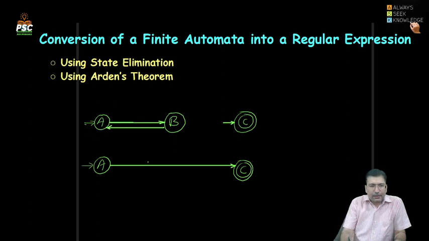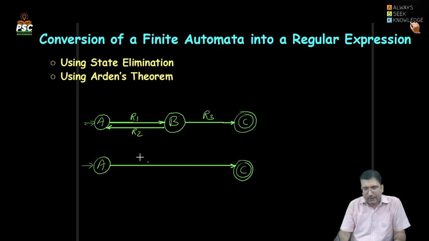In this scenario, I'm assuming there is a regular expression R1 and a regular expression R2, and from B to C there is a transition through R3. R1, R2, R3 are regular expressions only.